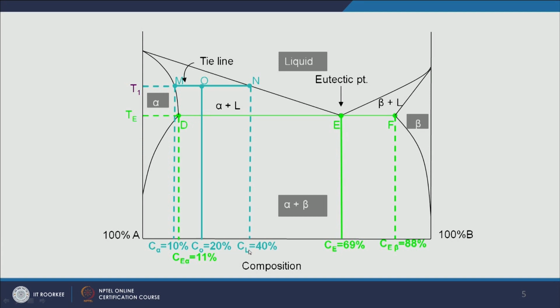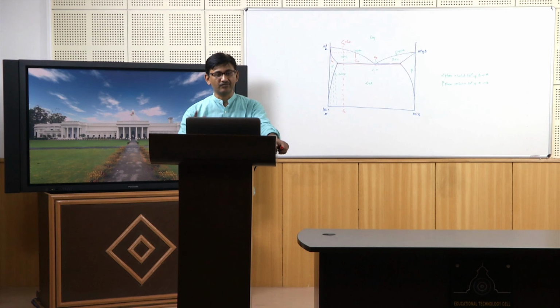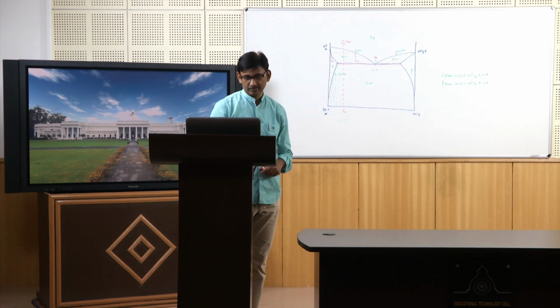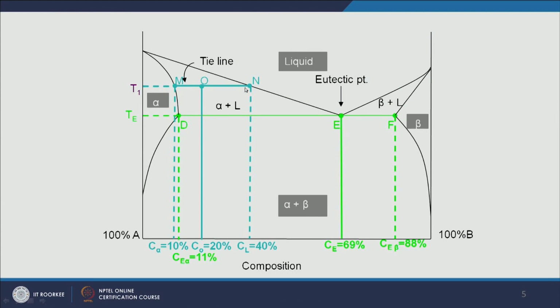At point N, the composition of liquid is given by 40% B. And now I can also find out the fraction of each of these phases. For overall composition of 20% at point O, at the temperature T1, I want to know the fraction of alpha phase and the fraction of liquid phase. So, let us do one calculation here.